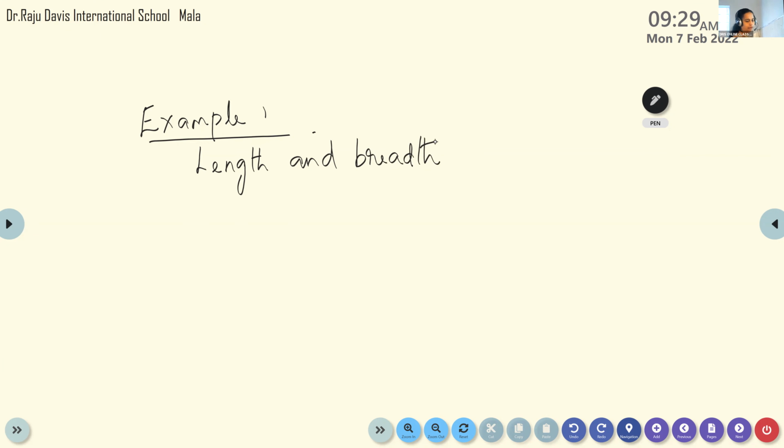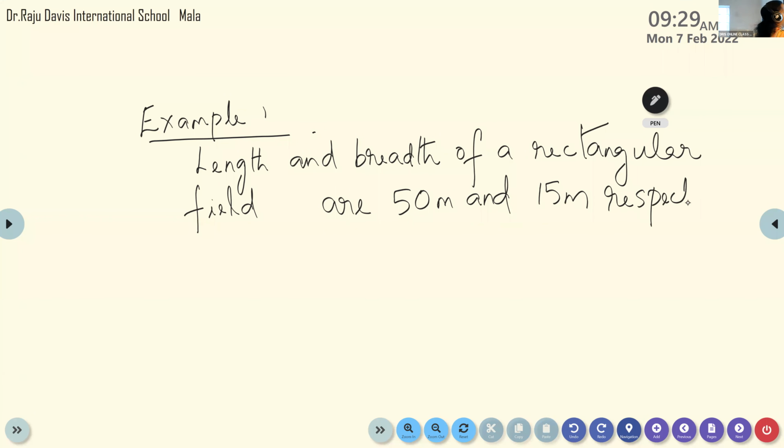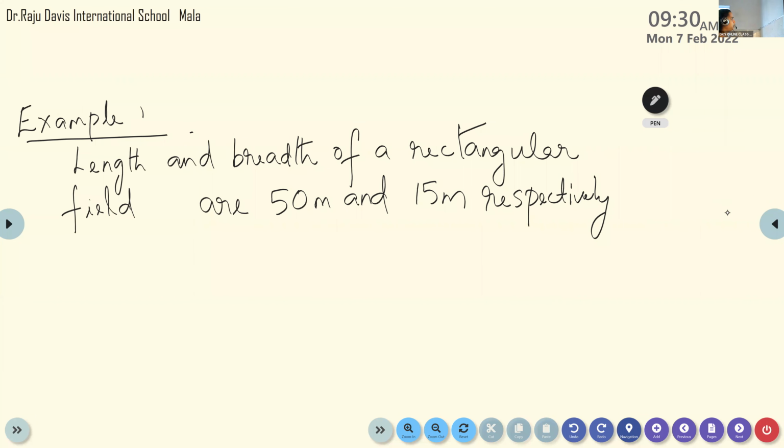Length and breadth of a rectangular field are 50 meter and 15 meter respectively.